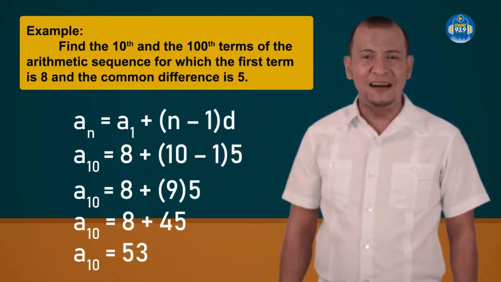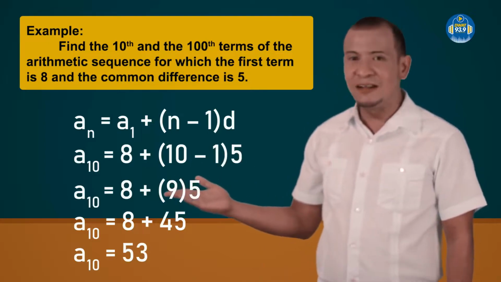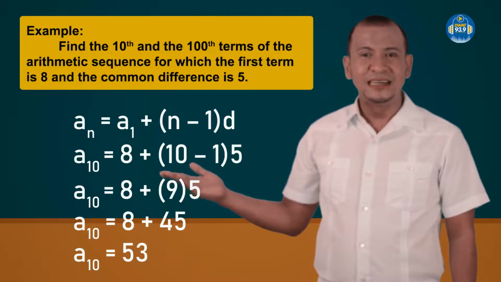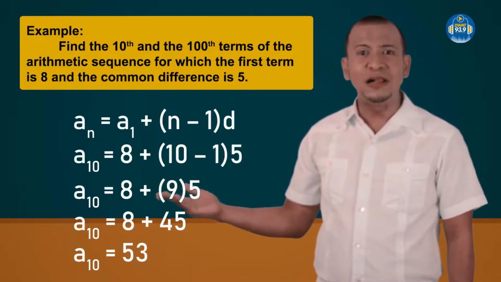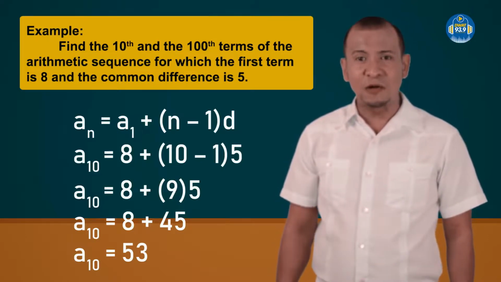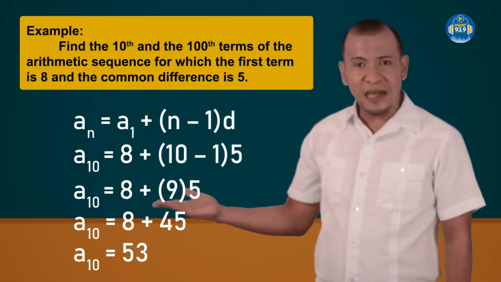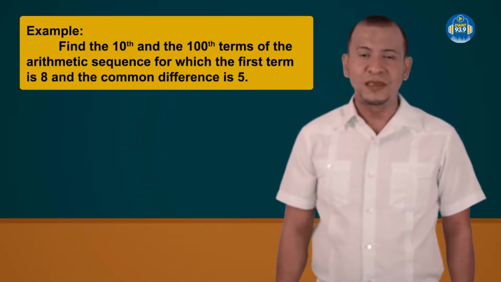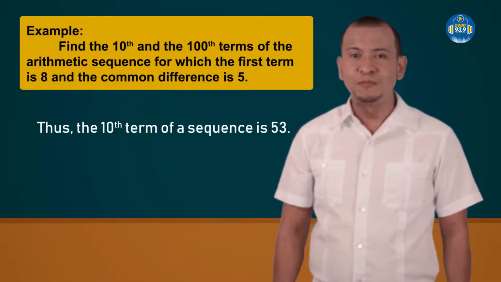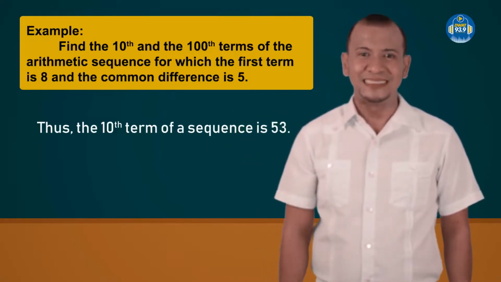Simplifying, we have a sub 10 equals 8 plus 9 times 5, and this is equal to 8 plus 45, and we have the resulting equation as a sub 10 equals 53. Thus, the 10th term of the sequence is 53.